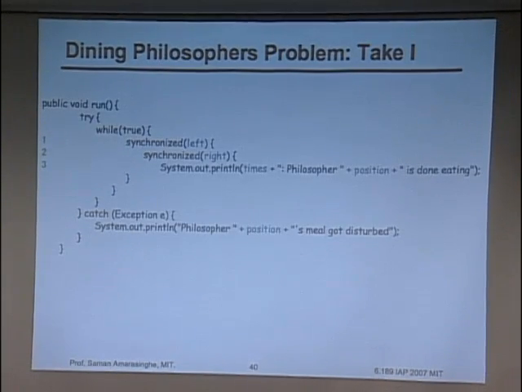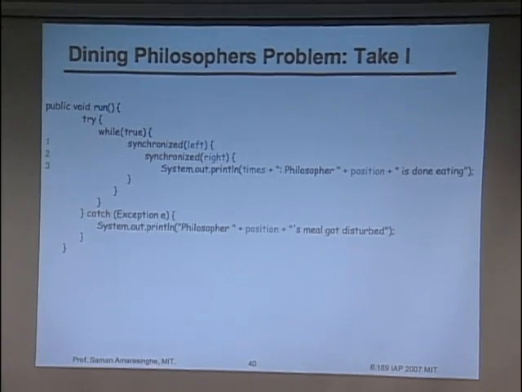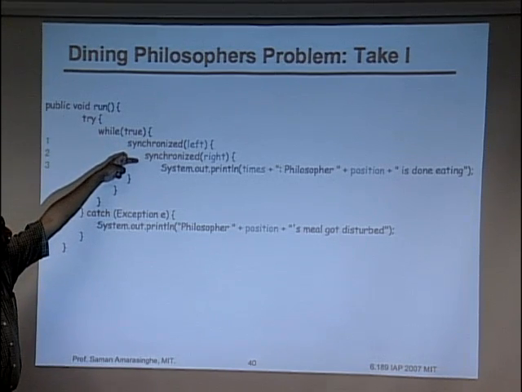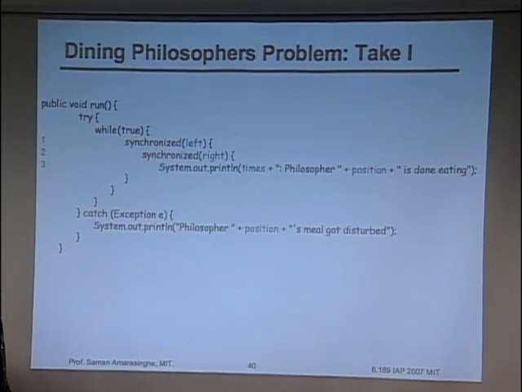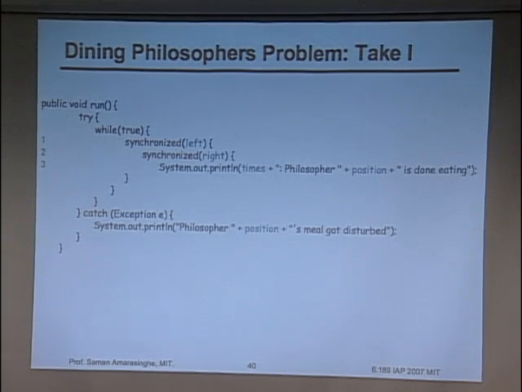Here is what a philosopher does. I take my left chopstick, I take my right chopstick, I eat, and when I'm done eating, I put them down. What will happen in this one? What situation?